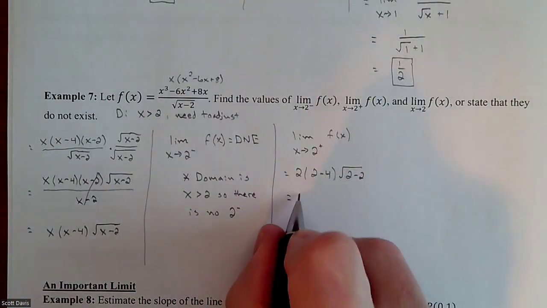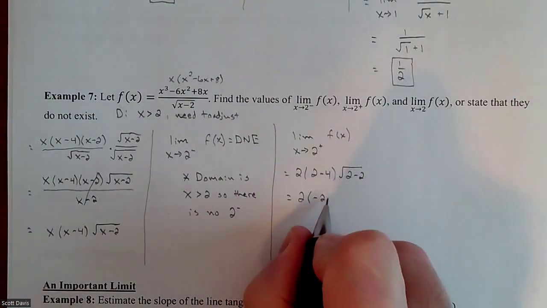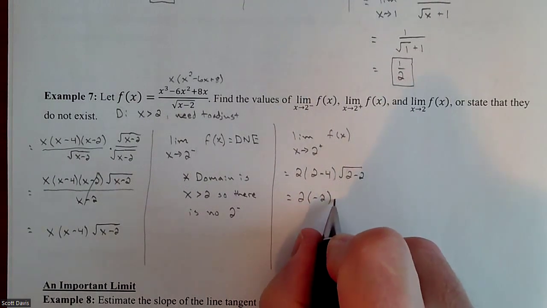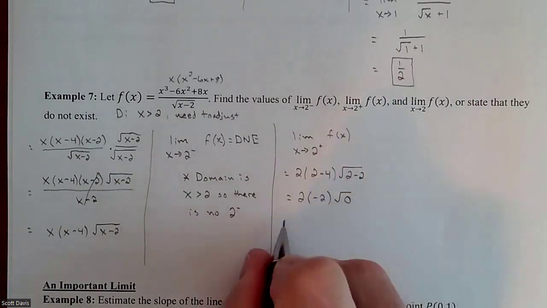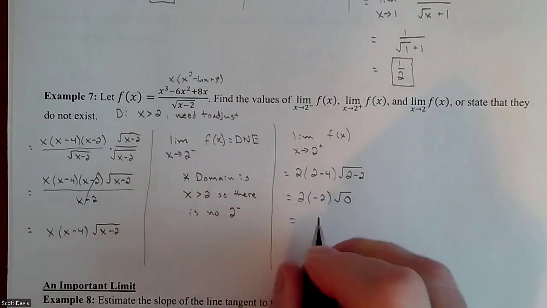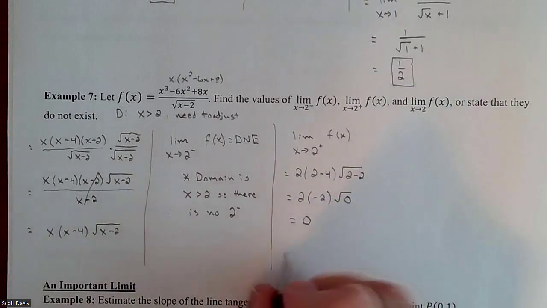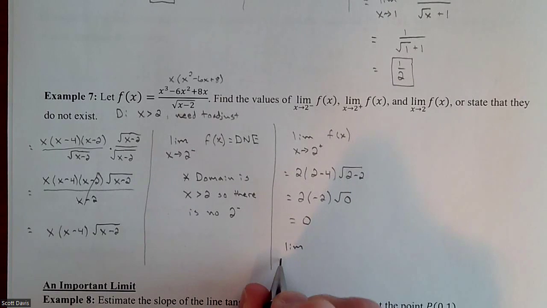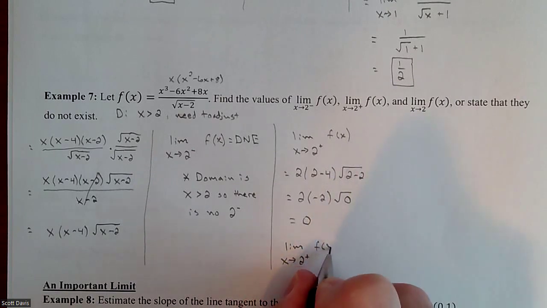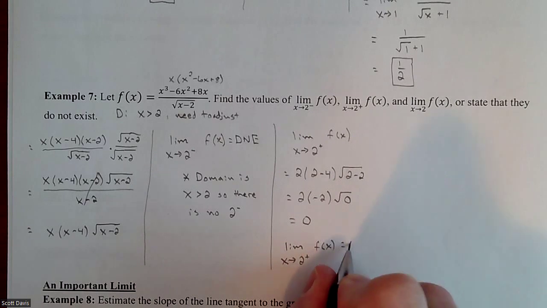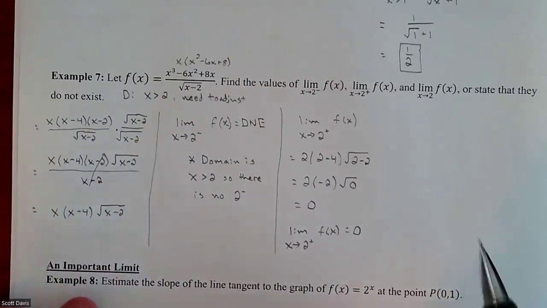That math is 2 times negative 2 times the square root of 0, so that's 0 times whatever, which is going to be 0. So our limit as x approaches 2 from the right of that original function would be 0.